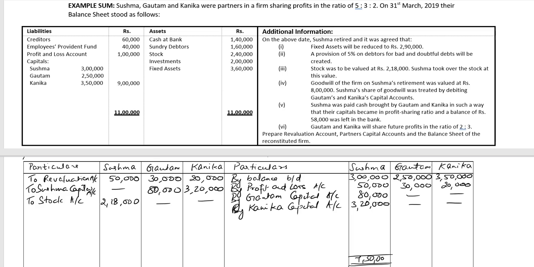Credit side total 7,50,000. Amount to be paid to partner Sushma, to bank account, ₹4,82,000.